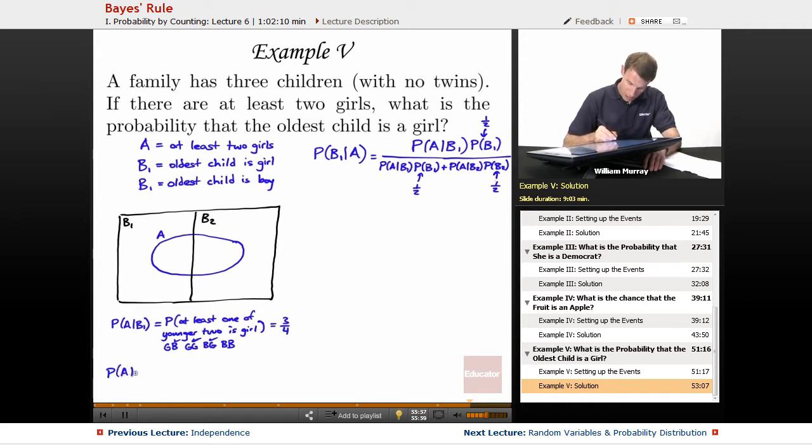The probability of A given B2, we're going to need to fill that in. That's the probability of at least 2 girls given that the oldest child is a boy. So if the oldest child is a boy, then to get at least 2 girls, you've got to have both of the younger 2 being girls.